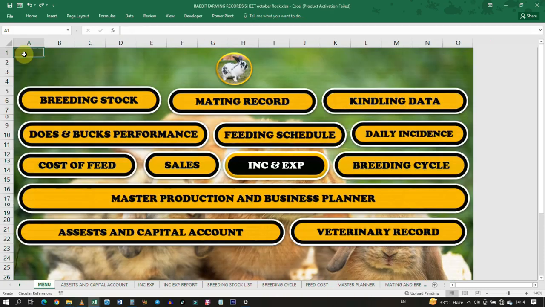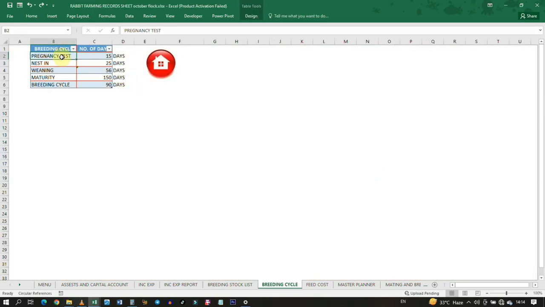Let me go quickly to the breeding cycle. The breeding cycle here is days to test pregnancy, when to put the nest in, and when you want to wean them. I have it here as 7 times 8, which is 8 weeks. It's maybe too much, but sometimes I do that for some reasons.